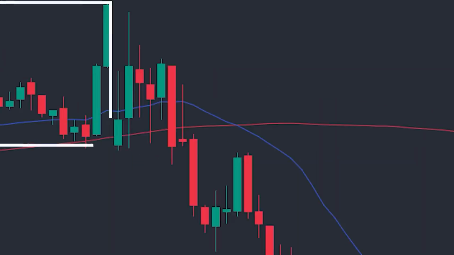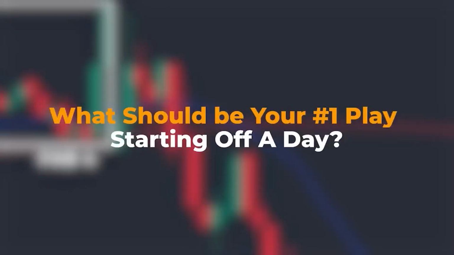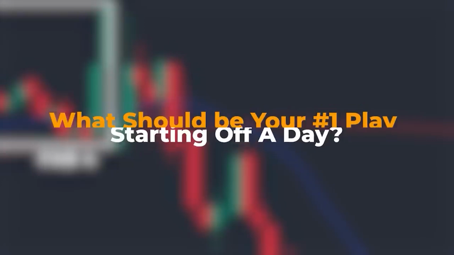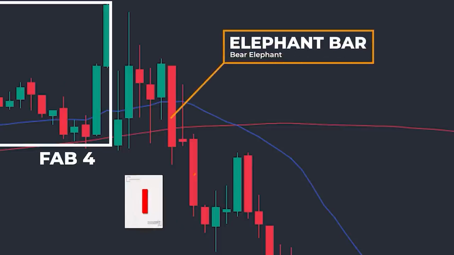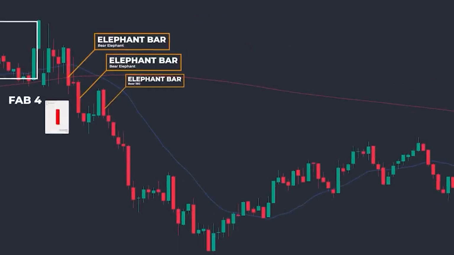Starting off the day, what should be the focus? You have everything available to you. It should be elephant bars starting off the day. The focus should be more elephant bar oriented. That's where you're going to get the highest number of opportunities, elephant bars, and of course in the right location.